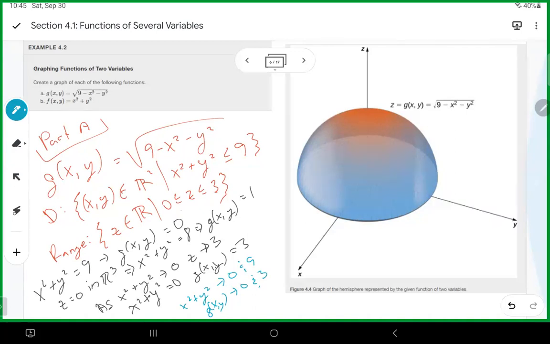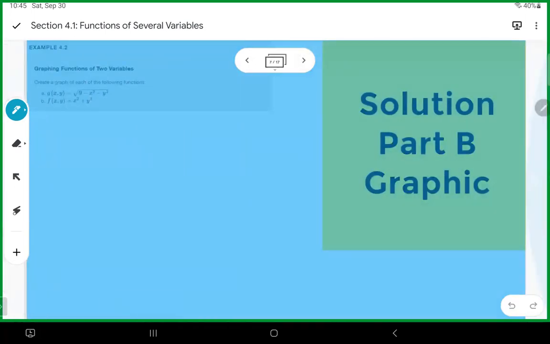Okay, so then that gets us to the graph. Let's move on to part B.